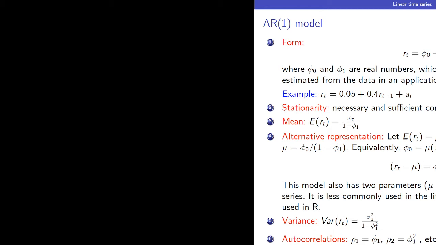Variance of this is variance of the shock factor divided by 1 minus phi 1 squared, and the autocorrelations are pretty straightforward.